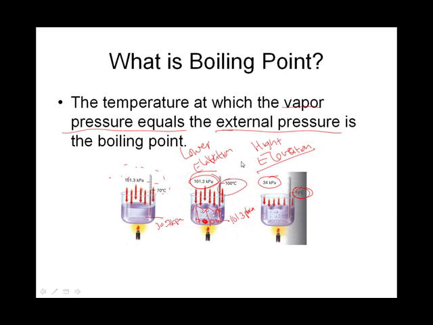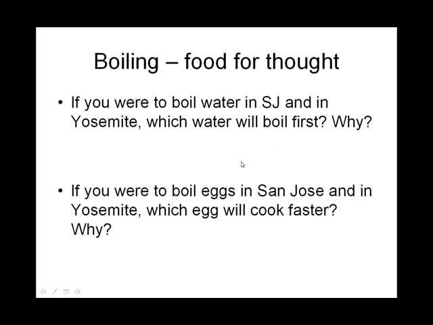So now, what is the advantage of being at sea level? Or what is the advantage of being at Yosemite? Either way, if you were to boil water in San Jose and in Yosemite, which water will boil first and why? Please answer this for me in your journal.